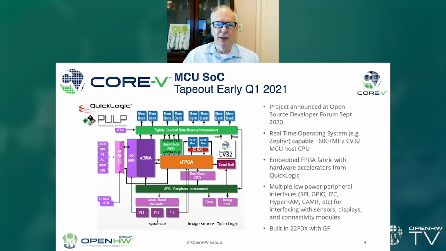There are multiple low-power peripheral interfaces, like SPI and GPIO, which are very suitable to IoT applications for interfacing with sensors, displays, and connectivity modules. And of course, you can use the eFPGA also to directly interface to different sensors that will require different interfaces. And it will all be built on 22FDX at GlobalFoundries for the high energy efficiency that process brings.